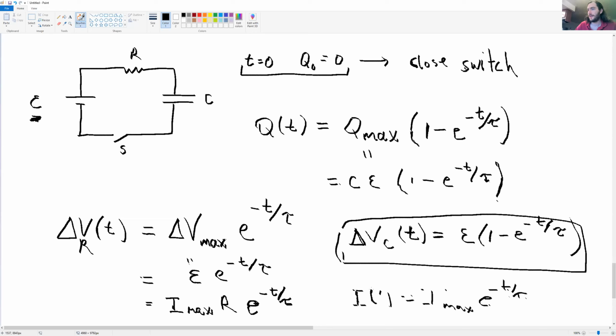Let me try and fill in all these gaps here. There's the current. It's decreasing.